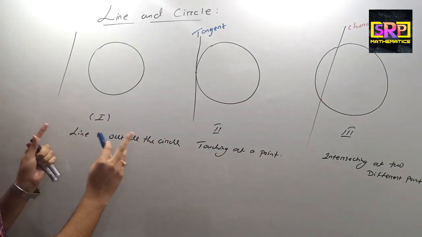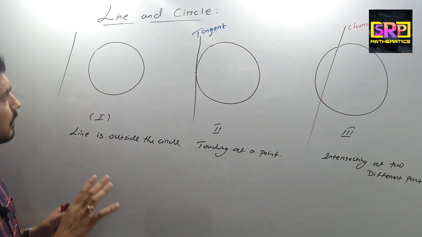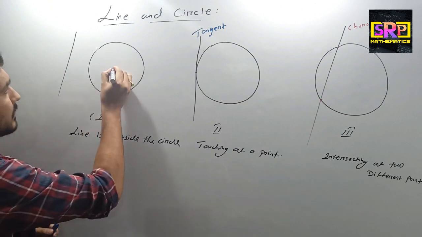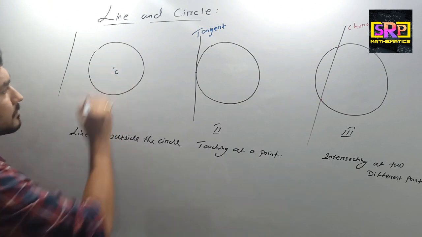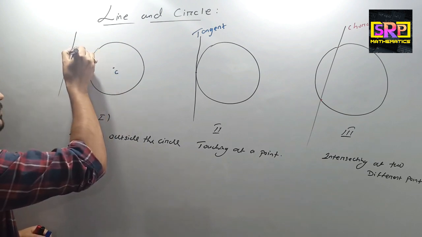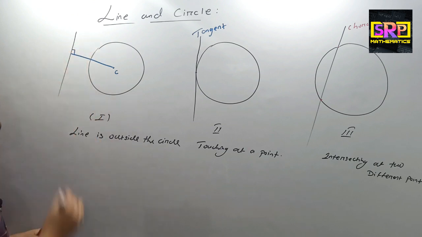So let's analyze a little more deeply. How will you conclude that a line and circle don't touch each other or intersect each other? Let's see. If this is my circle center, okay, draw a perpendicular from the center to the line. This is a perpendicular.